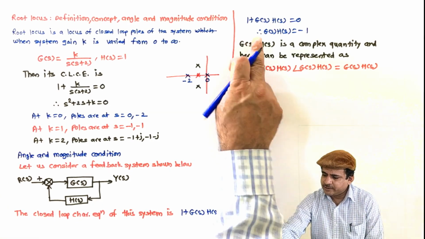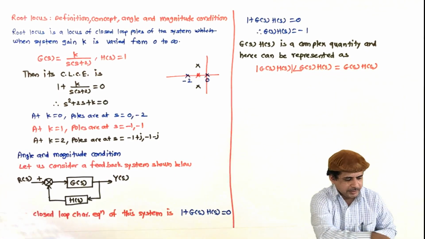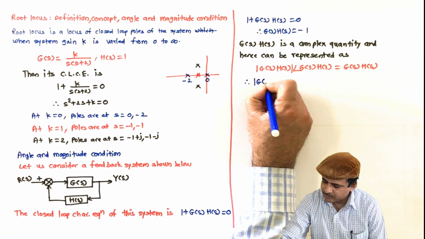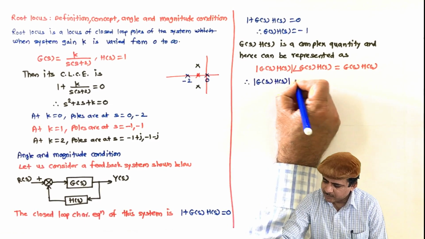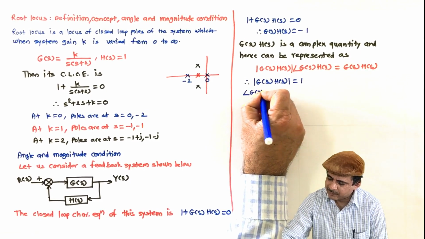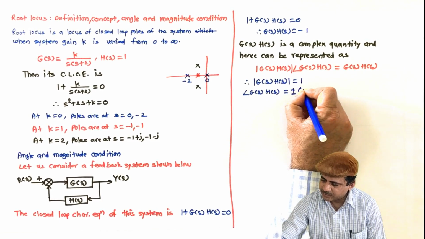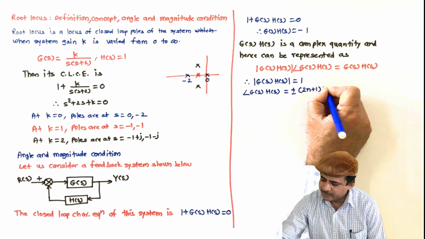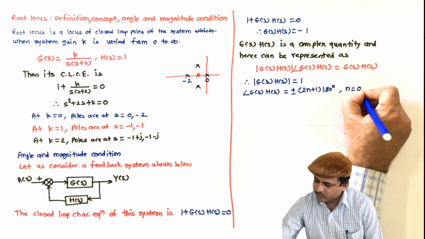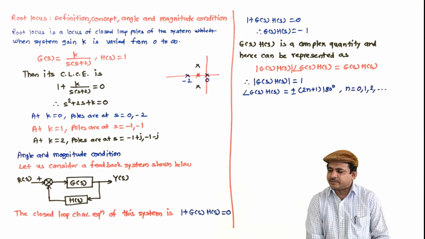And as G(s)H(s) is equal to minus 1, its magnitude will be the magnitude of minus 1, that is 1, and its angle will be plus or minus (2n plus 1) into 180 degrees, for n equal to 0, 1, 2 and so on, where n is an integer.